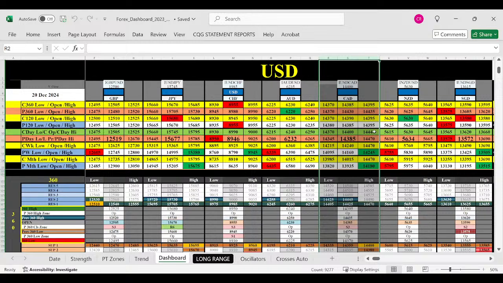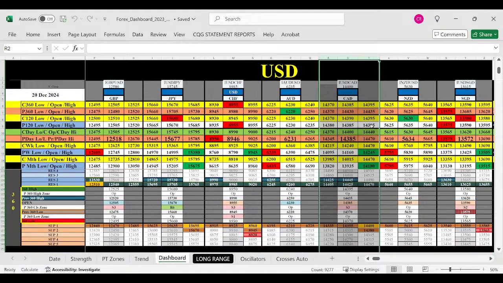If we expect the market to continue in the direction we are looking for, then we should not see the high beyond 144.25 and 144, because 144 already says that your 360 is already into your selling mode.